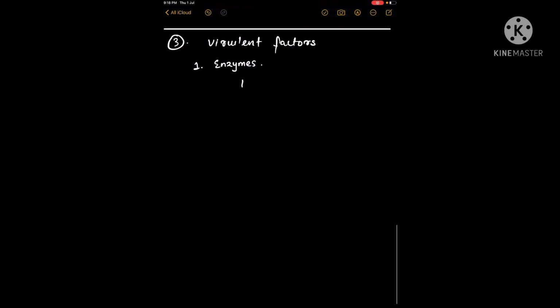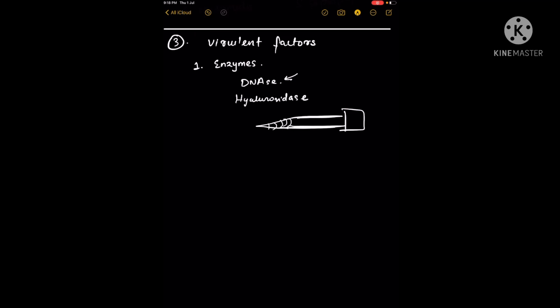Enzymes may be DNase and hyaluronidase. DNase breaks the DNA, lysis of DNA as the name suggests, and hyaluronidase you can see as a drill. It helps the bacteria to drill.